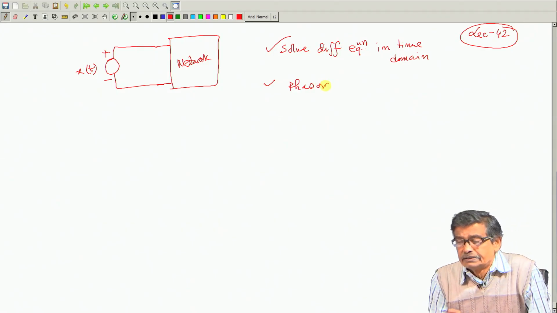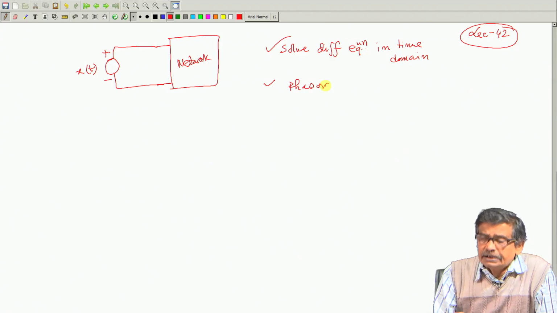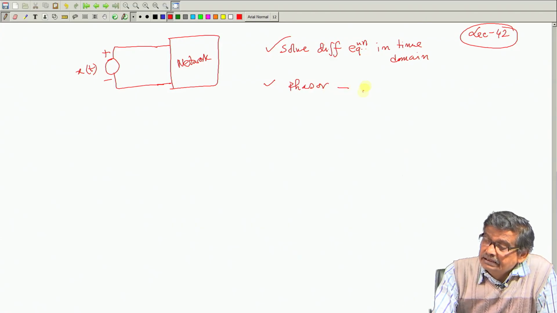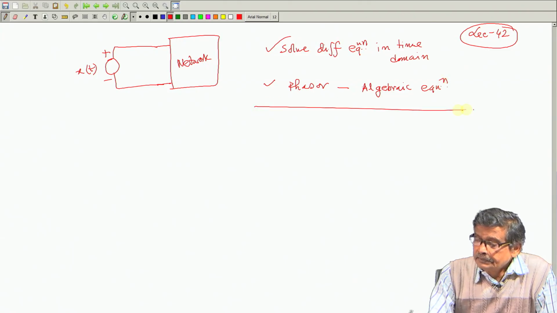Phasor notations, and there you do not solve a differential equation, you get an algebraic equation. This is what we did.